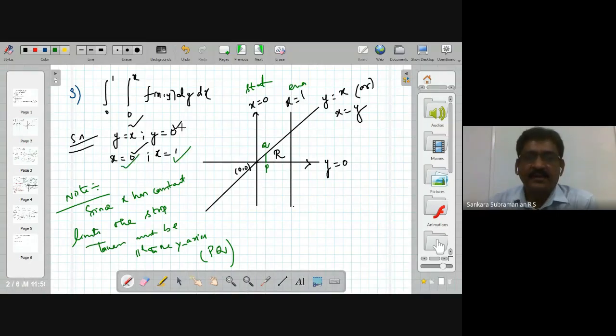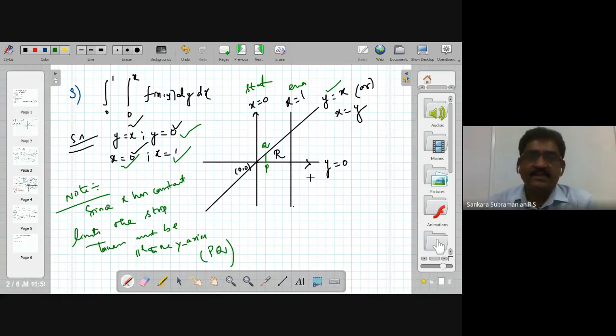And to find the y limits, at P, y equal to 0, at Q, y equal to x. So this is the interpretation of the region of integration for the given domain.